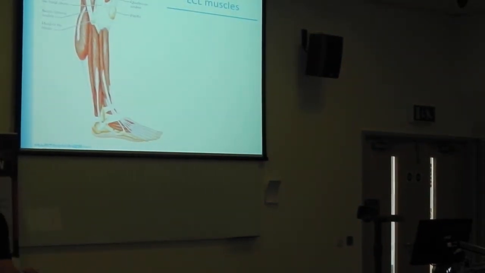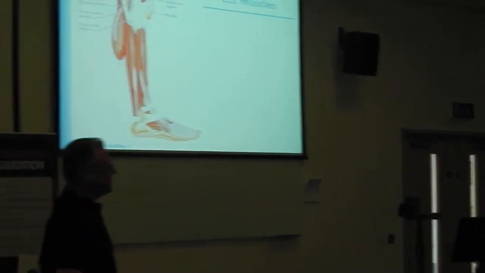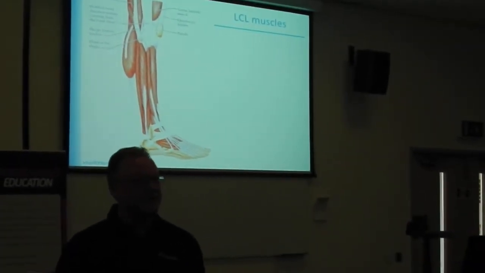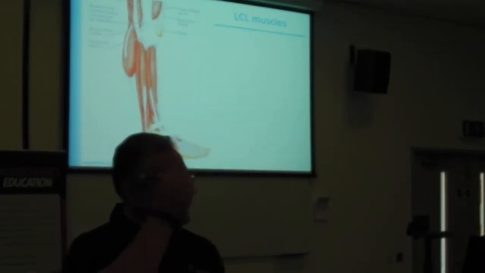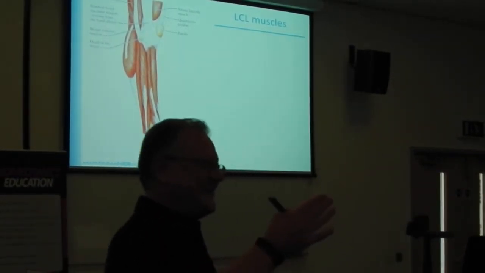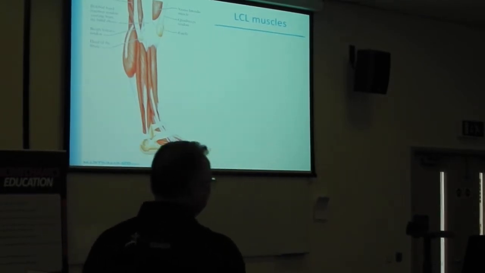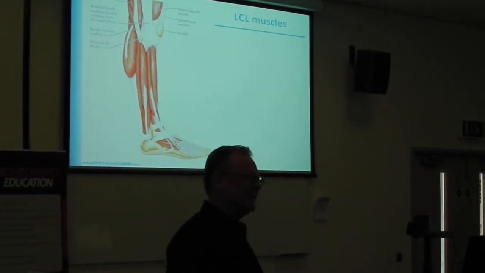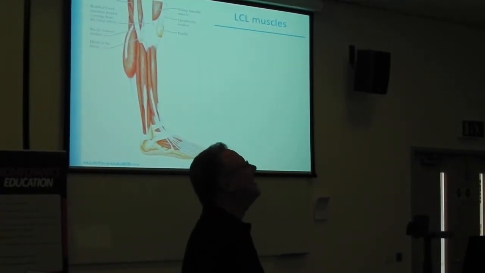So the muscles that run down the outside of the knee, which ones particularly are we interested in to try and stabilise and support that lateral ligament? Iliotibial band, well done. Another one?